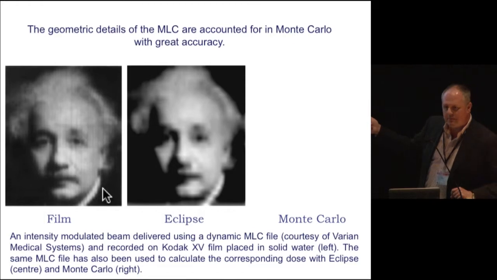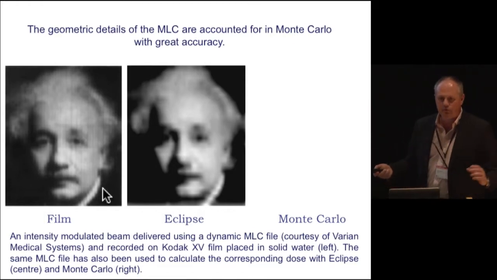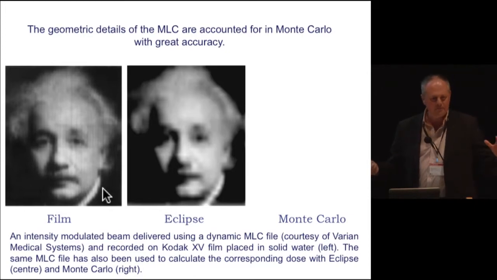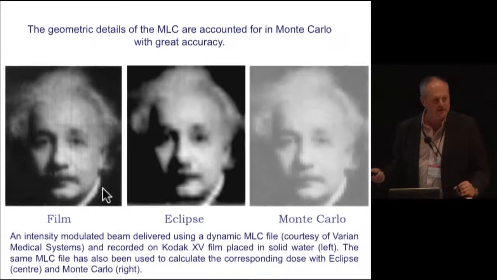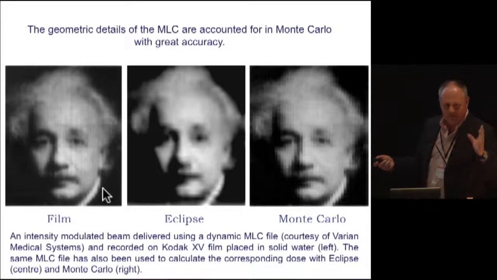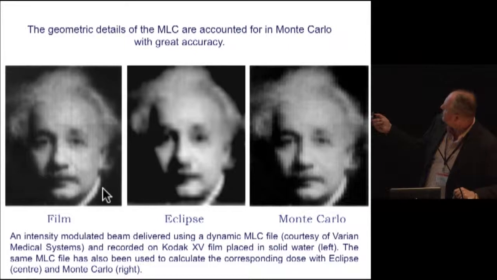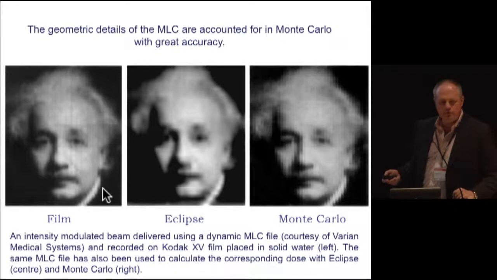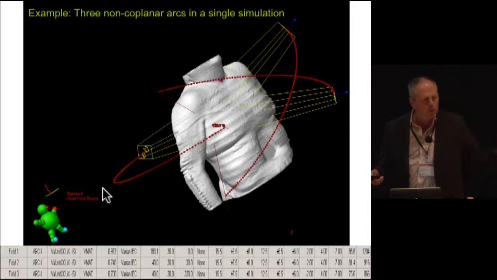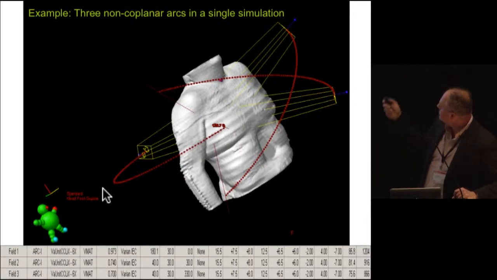But if you run the same MLC file in Eclipse, you get a blurred image because, as we know, the treatment planning system uses an average transmission and doesn't account for the detailed tongue and groove geometry.